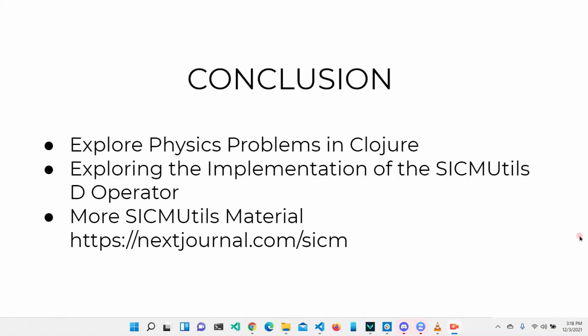The SICMUtils library does a lot more than automatic differentiation. It has a large and growing list of operations that it supports, and you can see many of these at the link on your screen. That link takes you to a web page filled with worked examples of many physics problems.